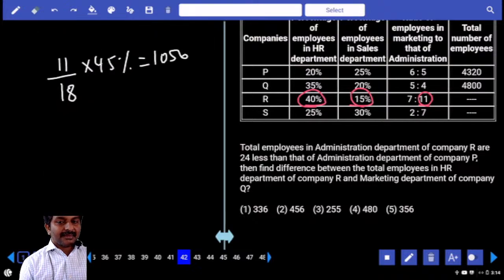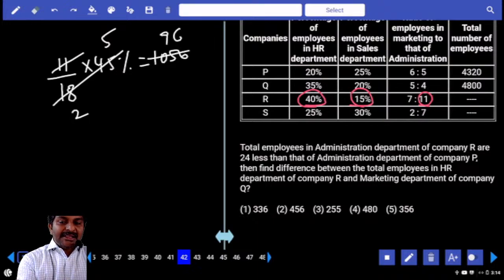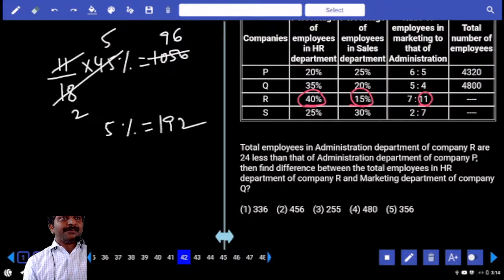Are you getting? 1056 divided by 11 is 96 per part. From this, 5% value is 2 into 96, which is equal to 192.